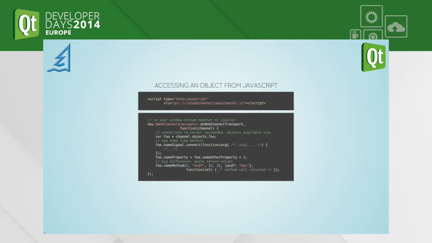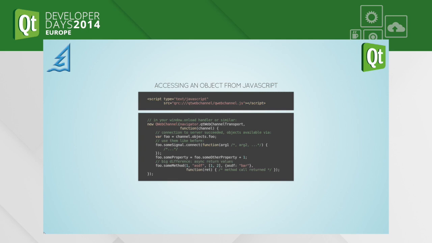On the JavaScript side, it's not that easy yet to use as in the old QtWebKit bridge times, because you need so far still to manually do some coding. In this case, you need to include the QWebChannel.js library, and you need to construct your web channel. It's in this case a JavaScript object, and again, you give it a transport mechanism.